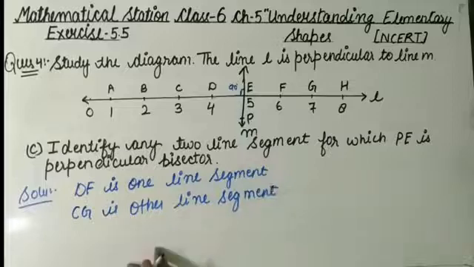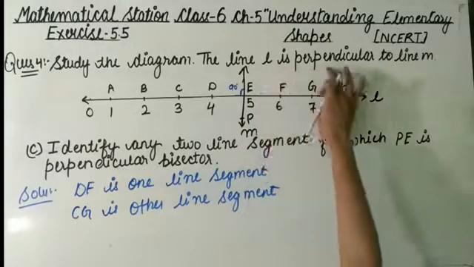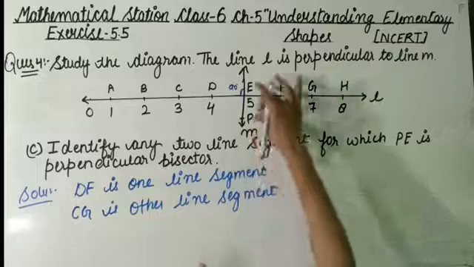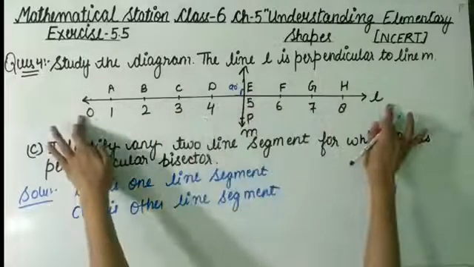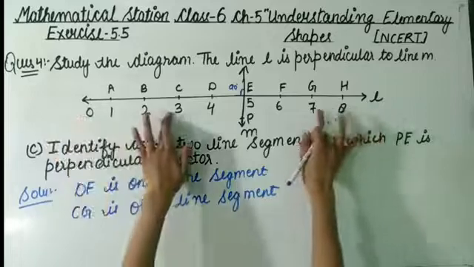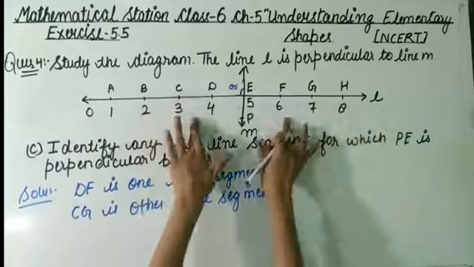PE is the perpendicular bisector of CG, and also the distance of point C to E and E to G is equal in units.